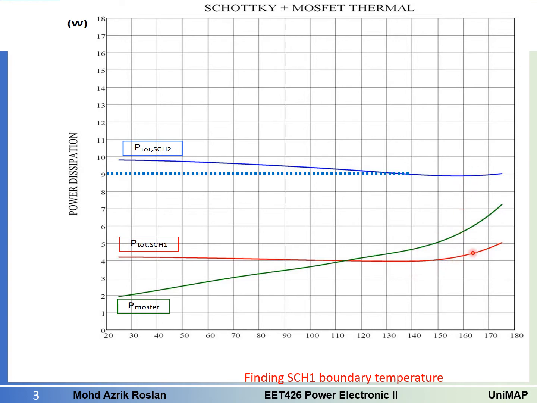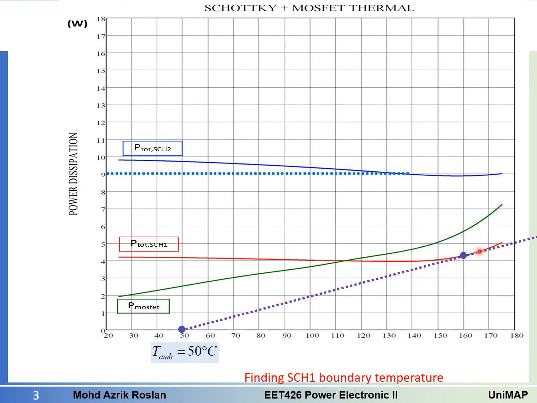So we have to select the Schottky 1 as a starting point. To find the boundary temperature, first we have to mark here the ambient temperature, which is given at 50 degrees C, and then we have to draw a straight line to this curve, and this line will touch only one point of this curve.